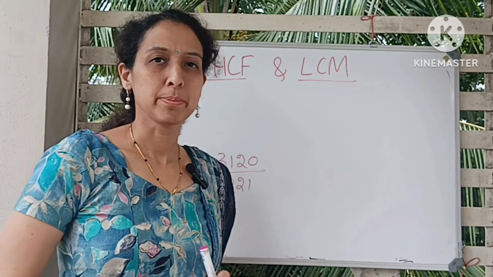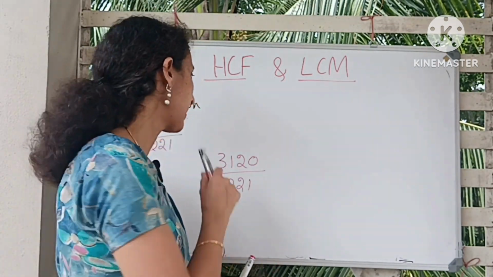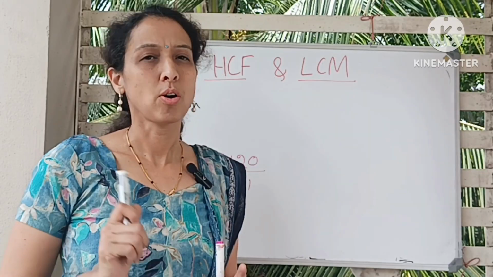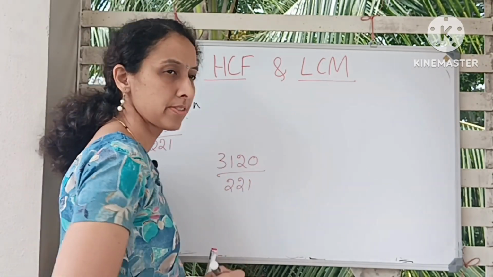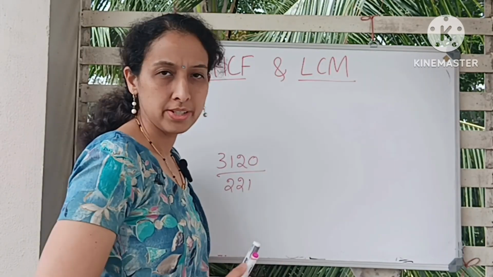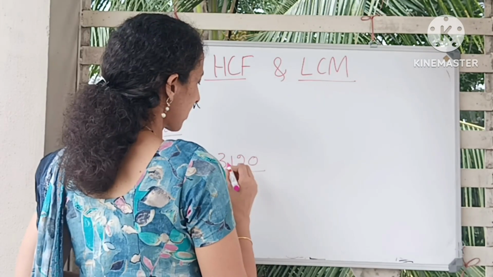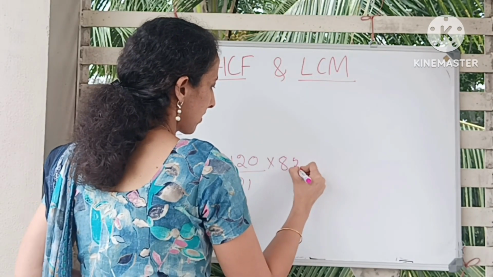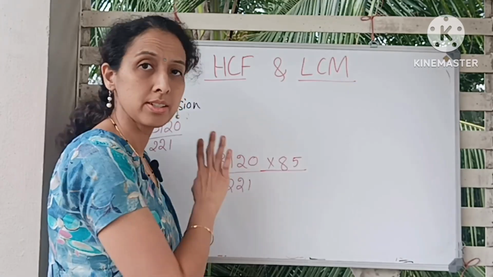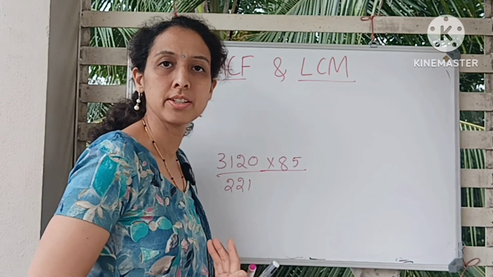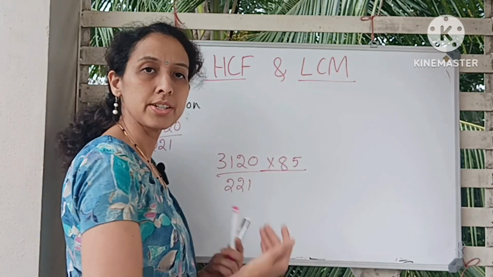Finding HCF by prime factorization and finding HCF by division method are both optimal methods in different scenarios. If we have a problem where, when solving the problem, we encountered something like this and we have to multiply and find the answer, the division method helps us identify the common factor and reduce it.